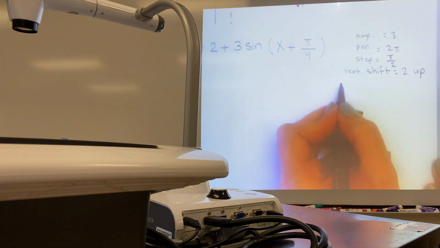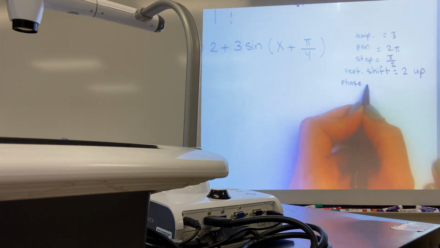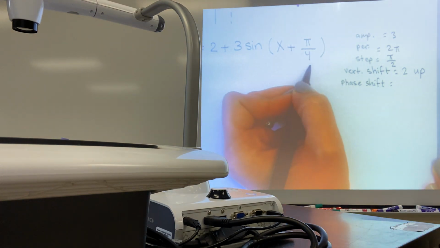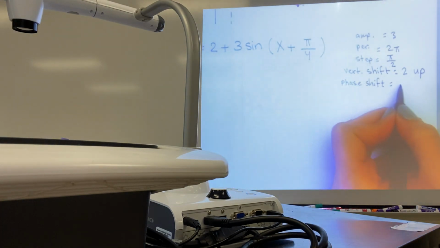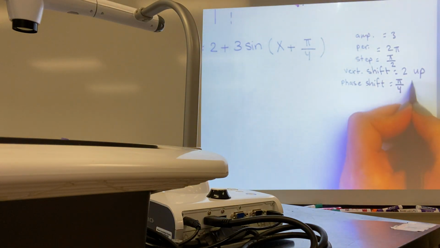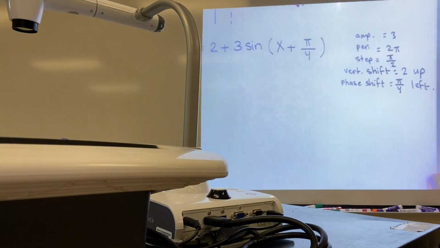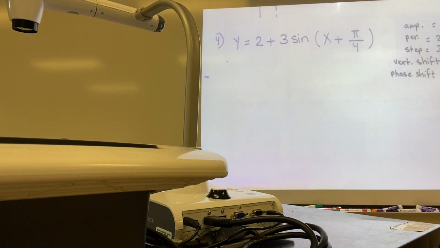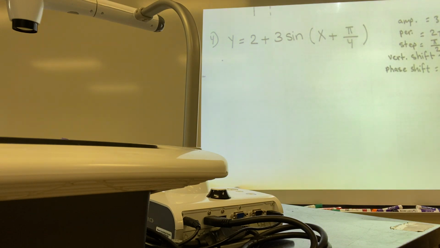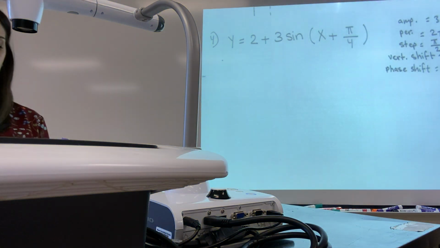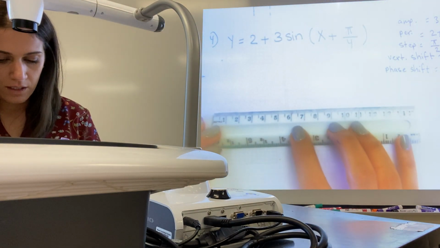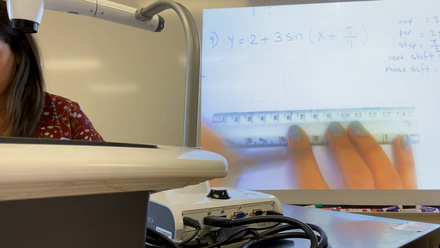The phase shift, and this time, since it's plus pi over 4, we'll say it's pi over 4 to the left. So in this example, we have both a vertical and a horizontal shift. And this will be this.